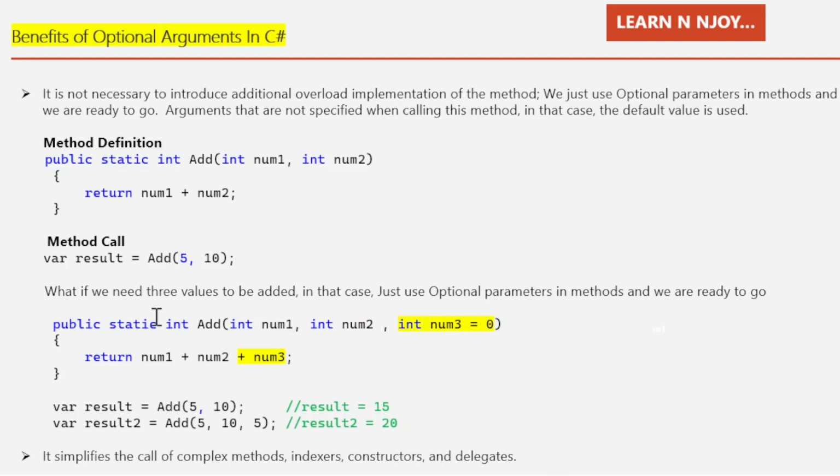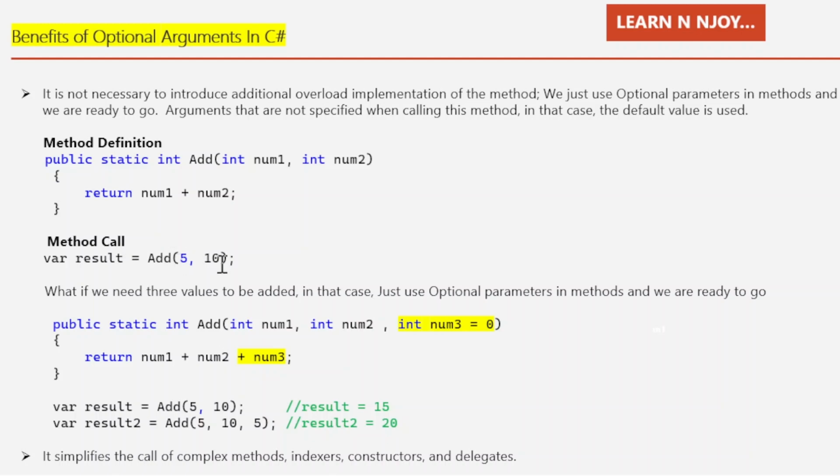You see, as a part of this change, what I have done, I have added in this add method a third parameter as an optional parameter, and I have provided the default value 0 to it. Even though this call is being made to this method, we are not going to change this method call.